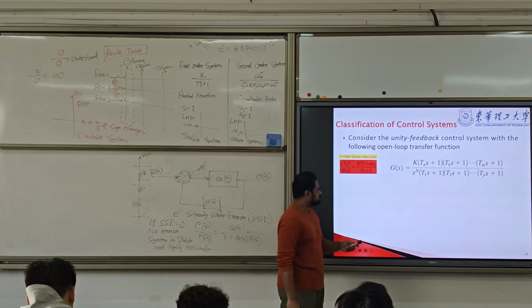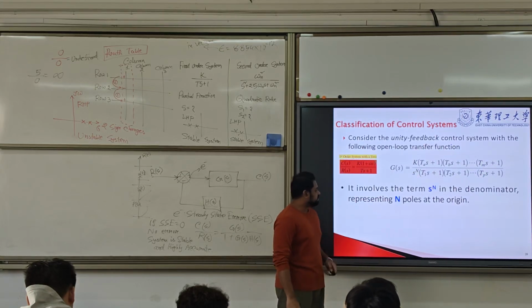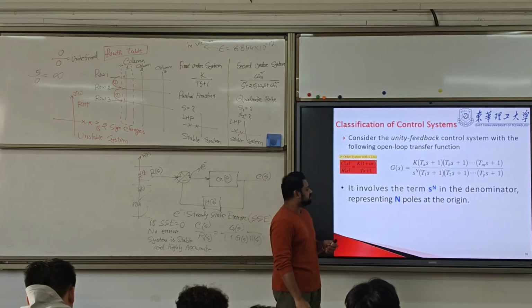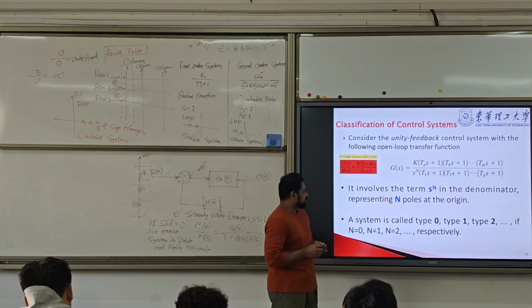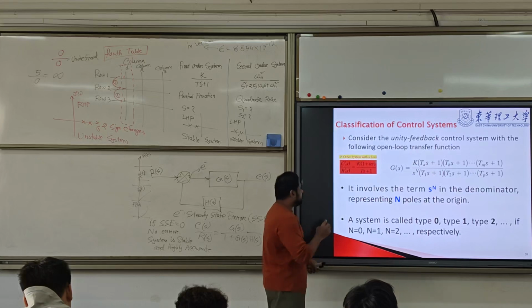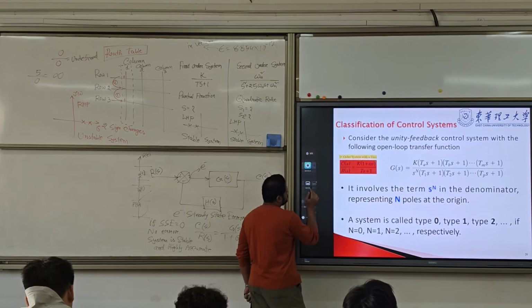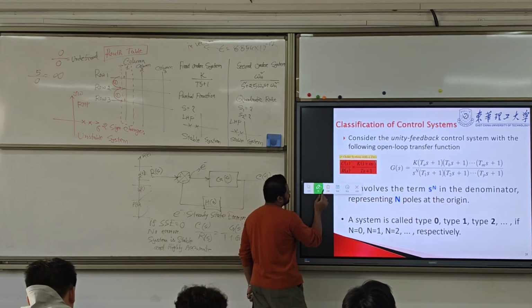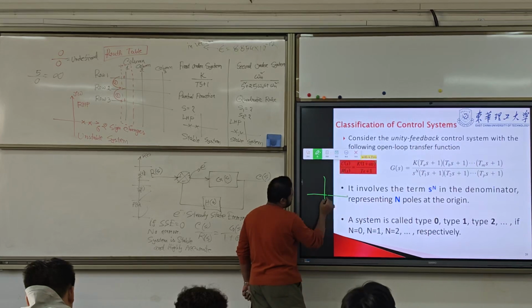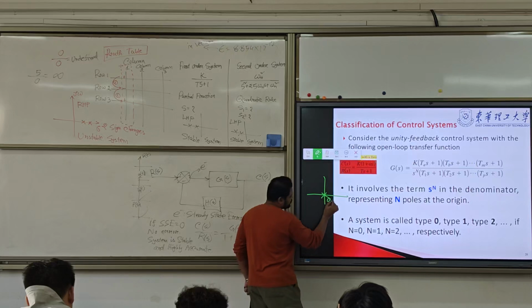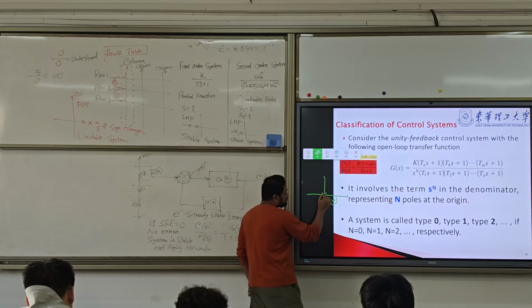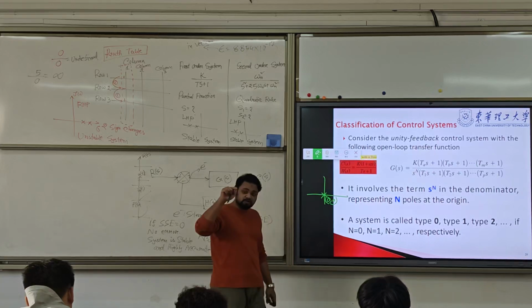In the denominator, it represents n poles at the origin.